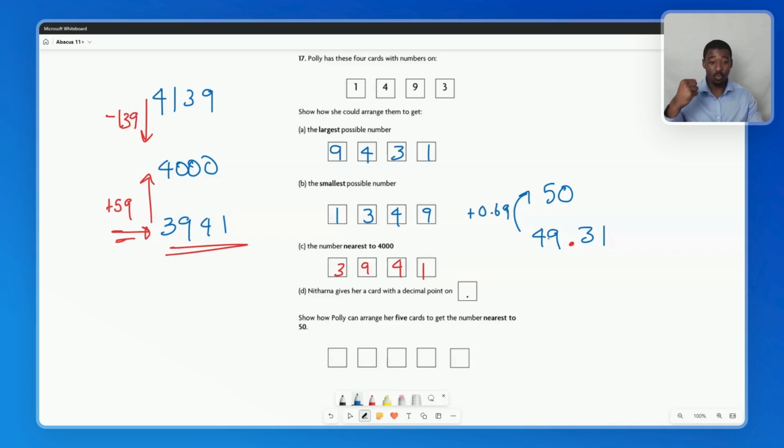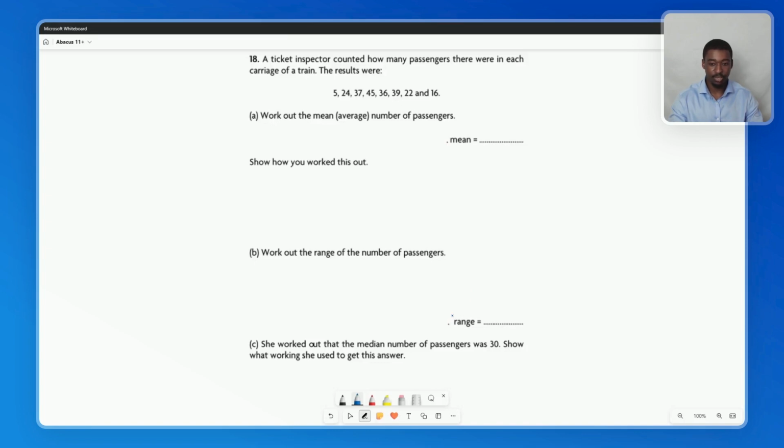We can add 0.69 to go from 49.31 to 50.00. So here, that's how we want to arrange our 5 cards. Get the 49, then put the decimal point to get even closer, and then get as close as possible with 0.31.